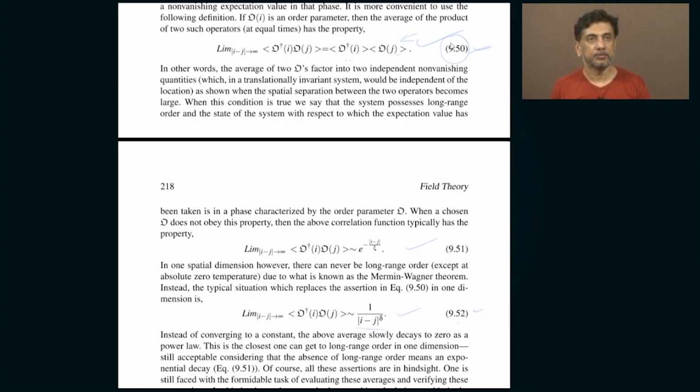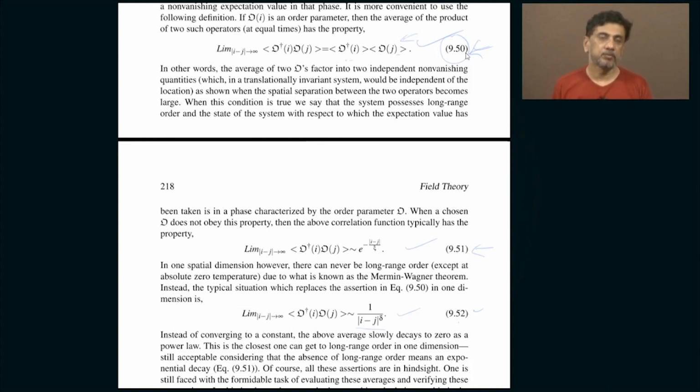That means if I and J are close by or far apart makes no difference, they are equally correlated. So, these are diametrically opposite properties. If an operator obeys 9.50, that means you have stumbled upon an order in the system.